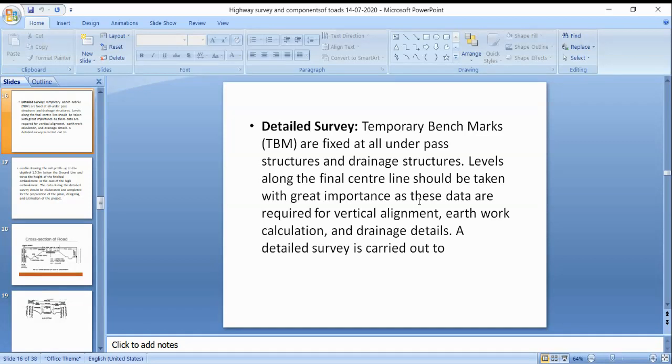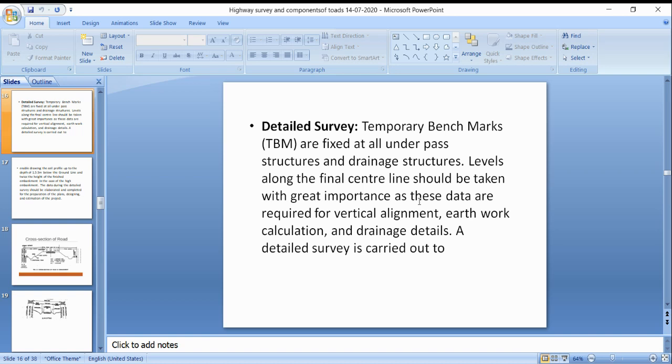So till now we have seen the map survey and the reconnaissance survey, and a preliminary survey you can say. In the map study, we fixed different routes by seeing the topographic map, and there we found the alignment.